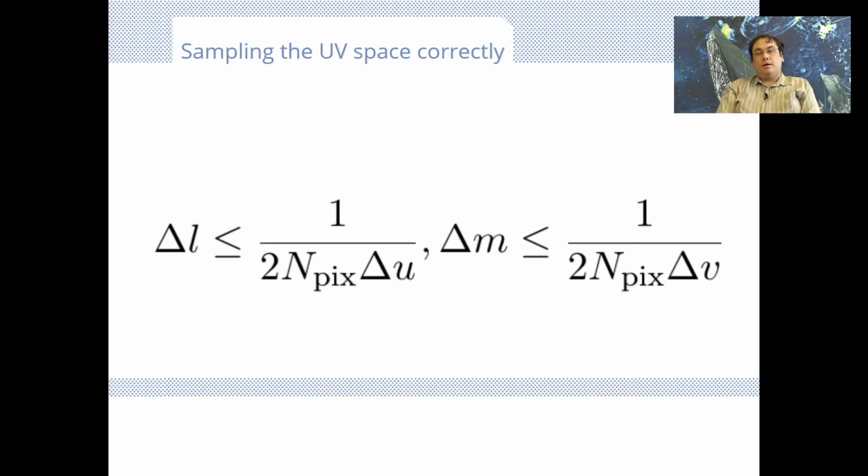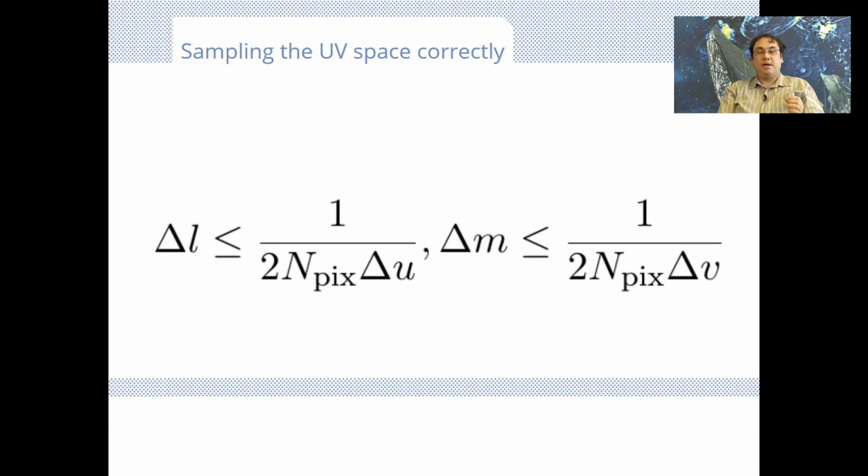Now you might ask, how do you go about selecting the resolution at which to sample? Well, this is given by the Nyquist relationship in a low signal-to-noise environment. So the chosen resolution for our image has to be the reciprocal of the longest spacing.